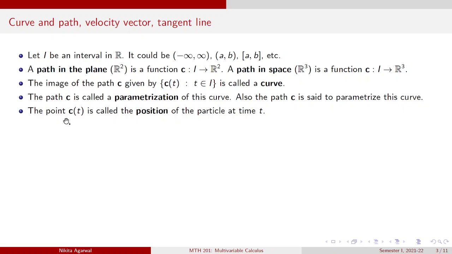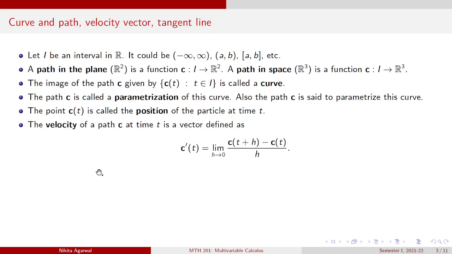The point c(t) is called the position of the particle at time t if we think of it as motion of a particle. And the velocity of the path c at time t is a vector which is defined as c prime (t), the limit as h goes to 0 of (c(t+h) minus c(t)) divided by h, provided this limit exists.